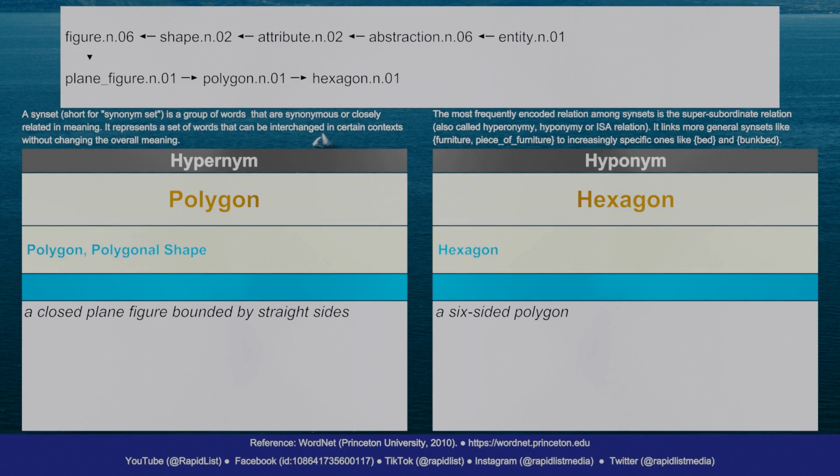A 6-sided polygon. Heptagon. A 7-sided polygon. Octagon. An 8-sided polygon. Nonagon. A 9-sided polygon.